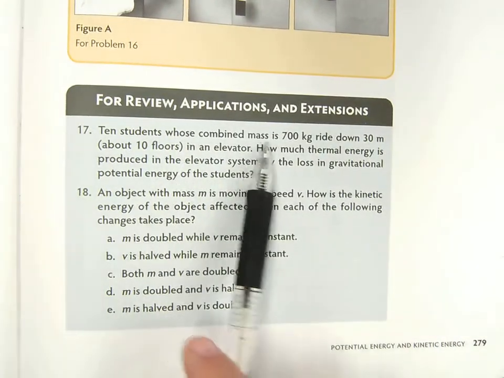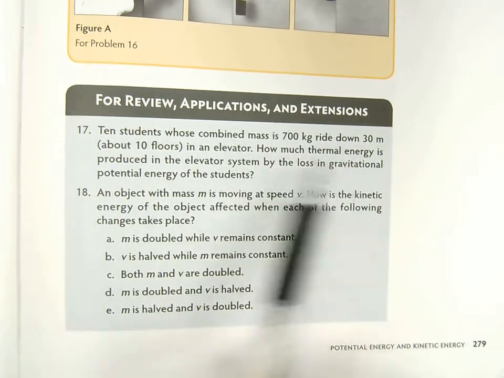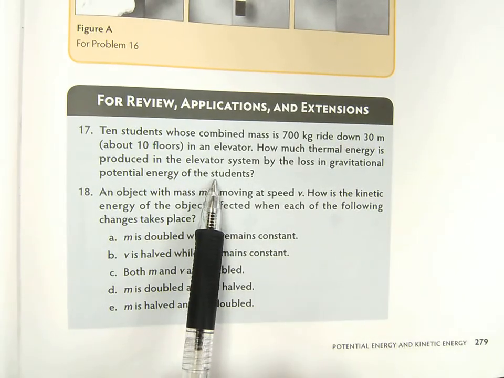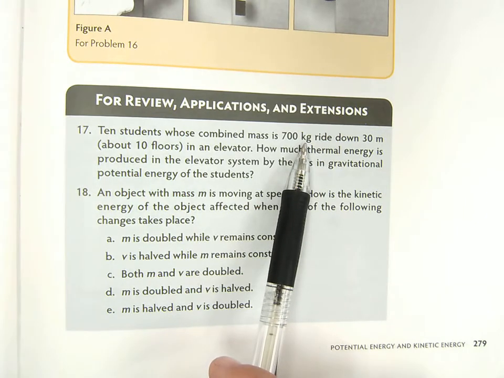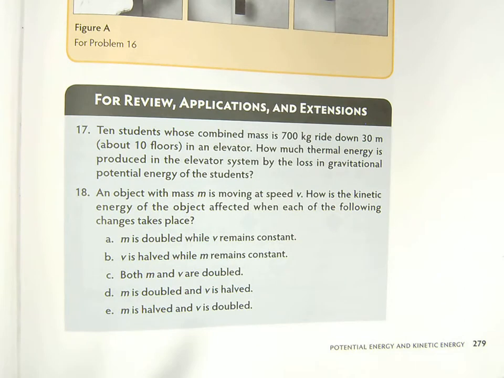10 students whose combined mass is 700 kilograms ride down 30 meters in an elevator. How much thermal energy is produced in the elevator system by the loss in gravitational potential energy of the students? So all they want us to do here is calculate how much gravitational potential energy they had. So 9.8 times 700 times 30. So let's see what that is. 700 times 30 times 9.8. They put the answer in scientific notation.